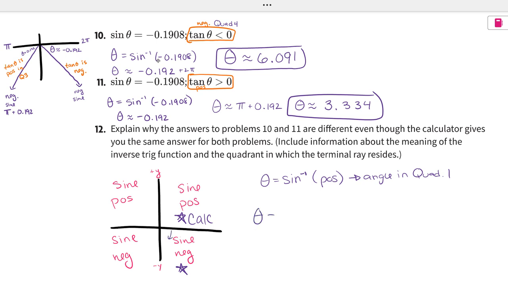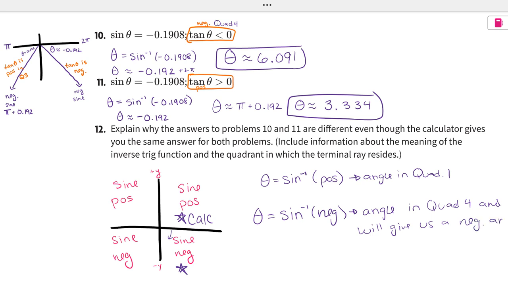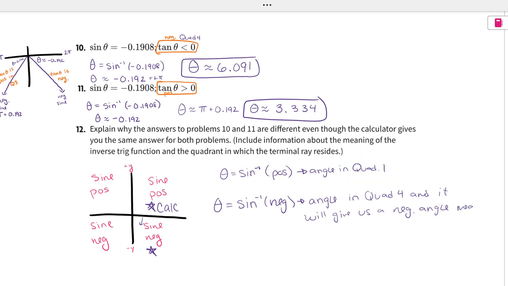So if we have theta equals sine inverse of a negative number, it's going to give us an angle in quadrant 4, and it will give us a negative angle measure, because it wants to give us the number closest to 0.